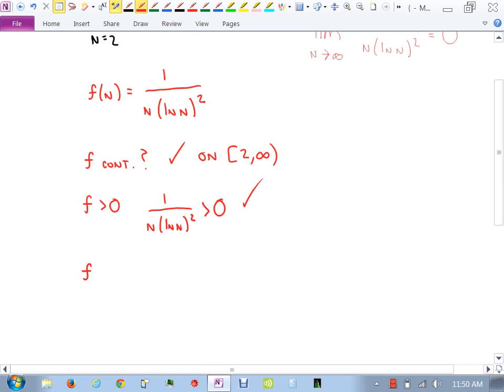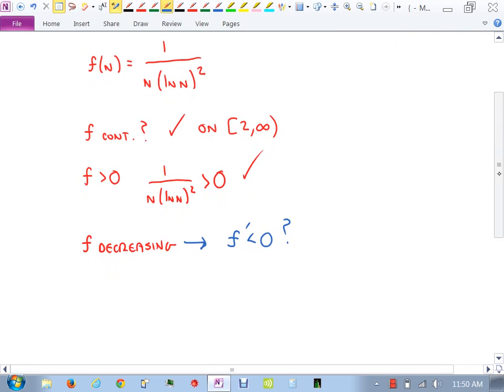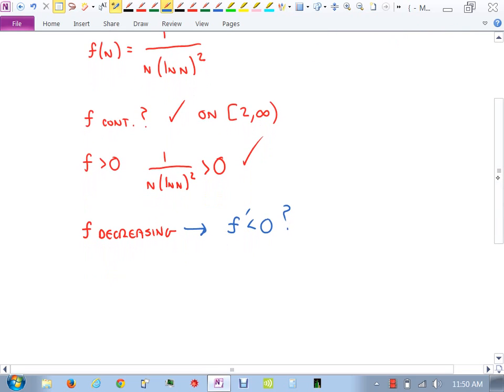Now the question is, is f decreasing? Which means I'm really asking the question, what? Is the derivative negative? Right? So now you get to do a derivative of that thing. I'm going to look at it as quotient rule.